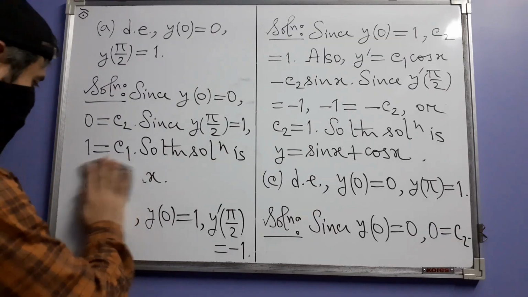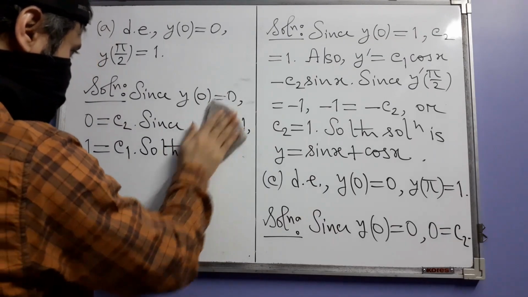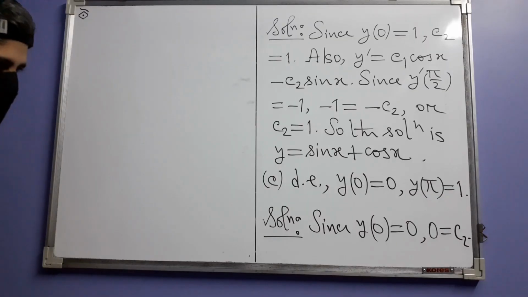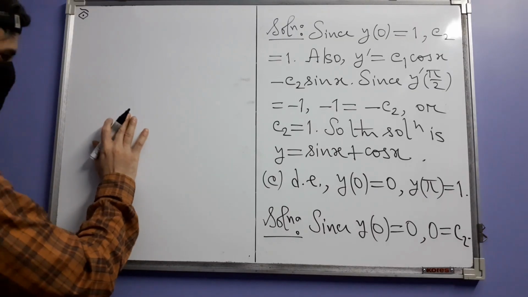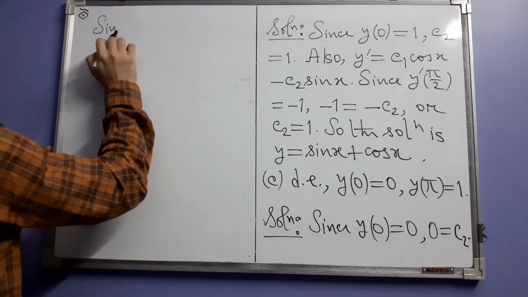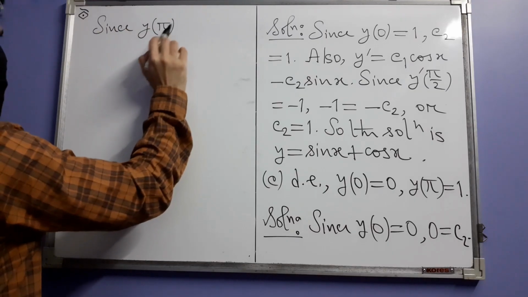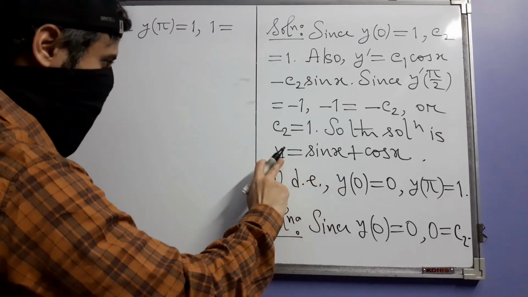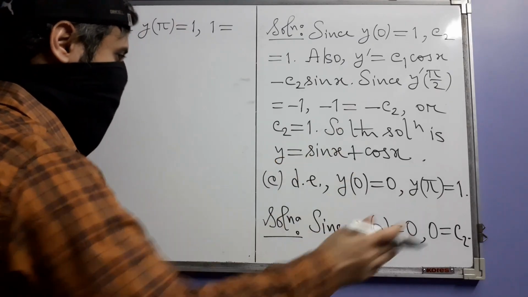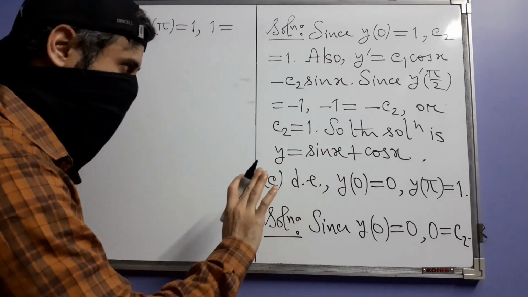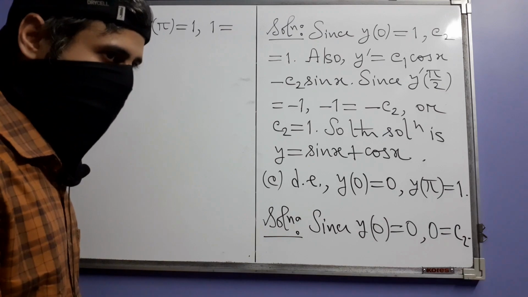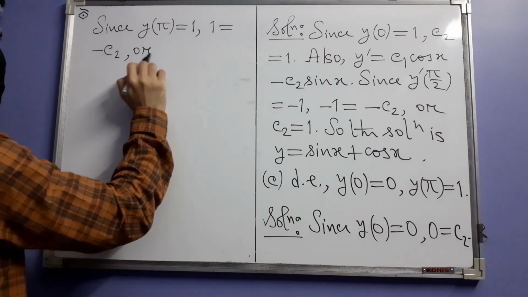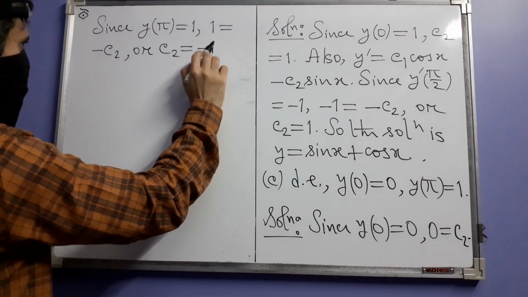However, if you now use the second supplementary condition, y of pi is equal to 1, so 1 on this side and C1 sin pi is 0, so again this term vanishes, plus C2 cos pi is minus 1, so you get minus C2 on this side, or C2 is equal to minus 1.